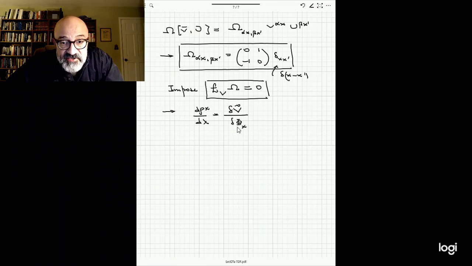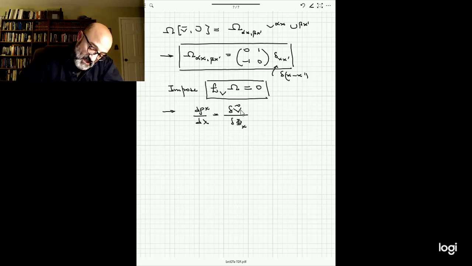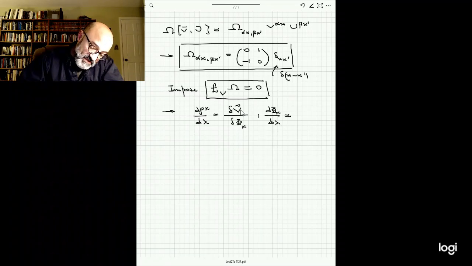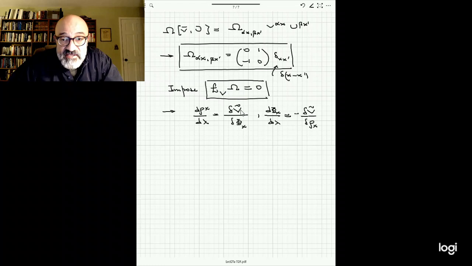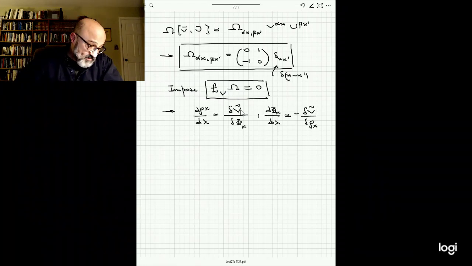Instead of summations, we have integrations. Instead of partial derivatives, we have functional derivatives. And V here is some Hamiltonian function. D phi x, the lambda is minus the derivative of this Hamiltonian function, d rho x. So it's exactly the same thing as we had before.